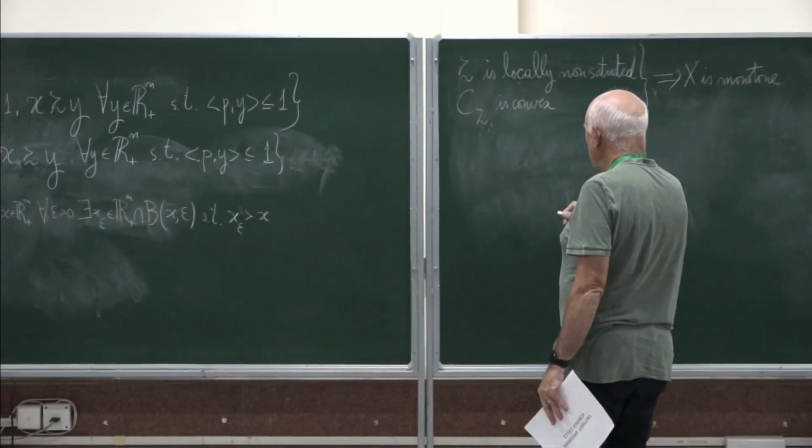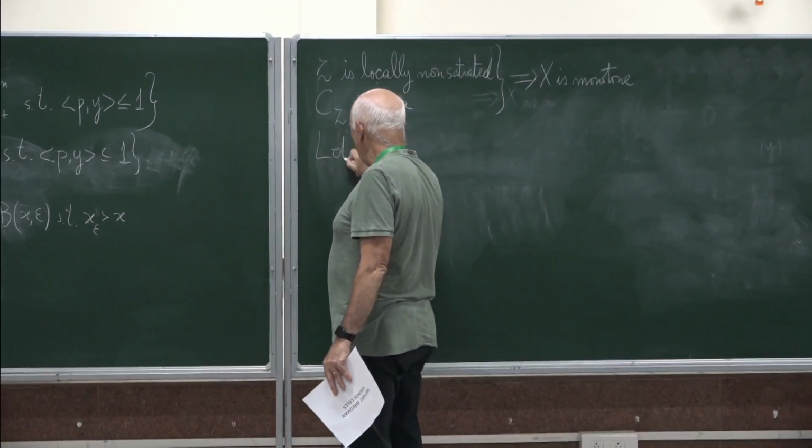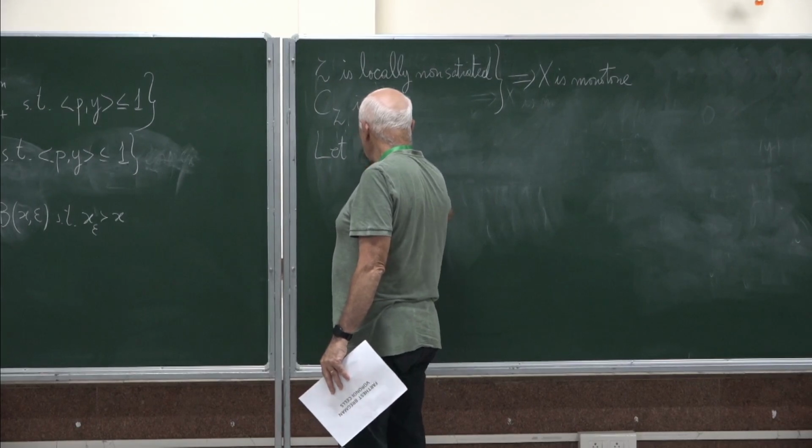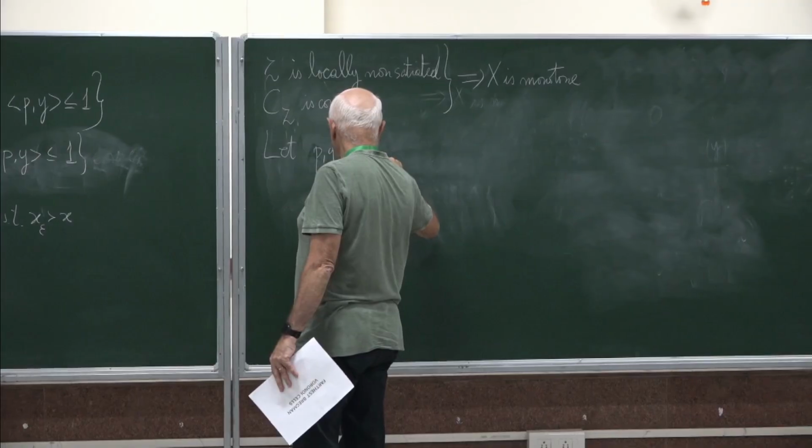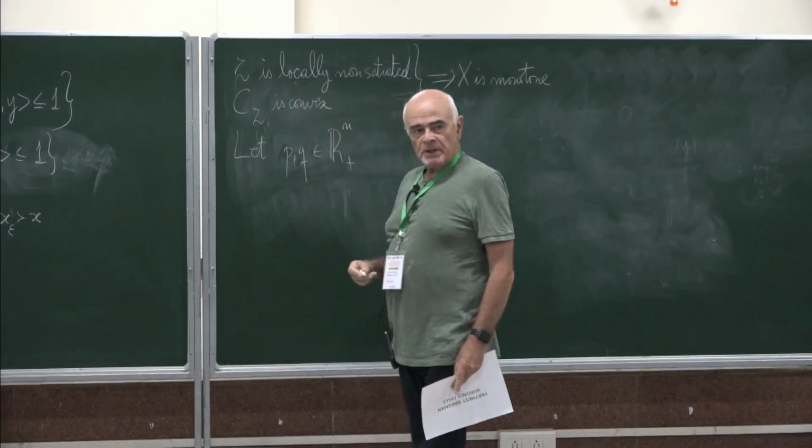So to prove monotonicity, let P and Q be price vectors.